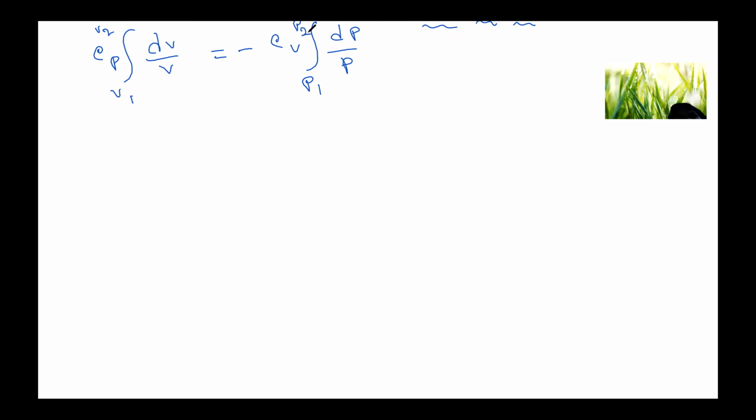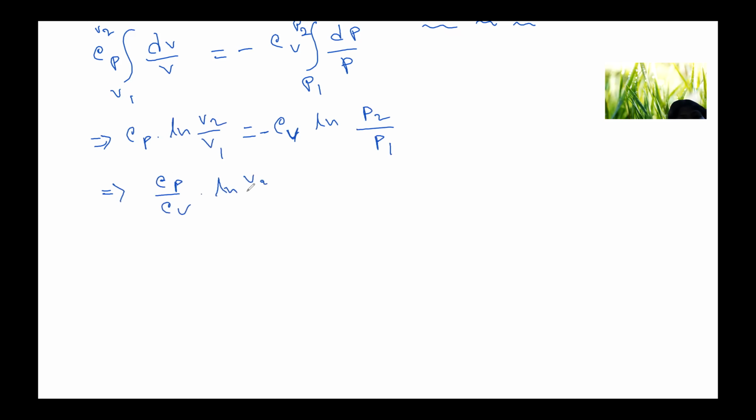So what will that be? Cp into ln(V2/V1) is equal to negative Cv ln(P2/P1). Or Cp by Cv ln(V2/V1) equals negative ln(P2/P1).